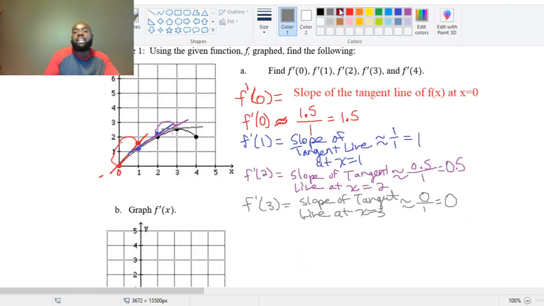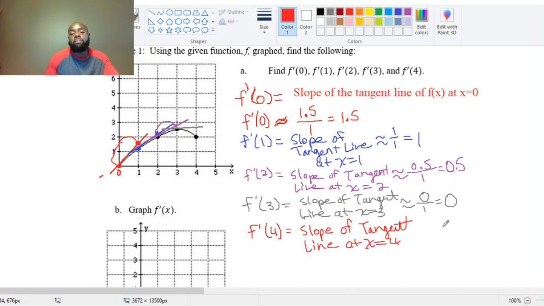And then last but not least, we're going to do f prime of 4. I'm going to go back to red here. All right, remember, your derivative at a point is the slope of your tangent line at x equals 4. I'm going to approximate that using a rise over a run. I'm going to try to draw my tangent line.